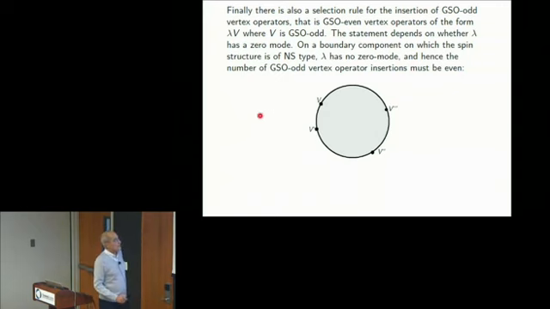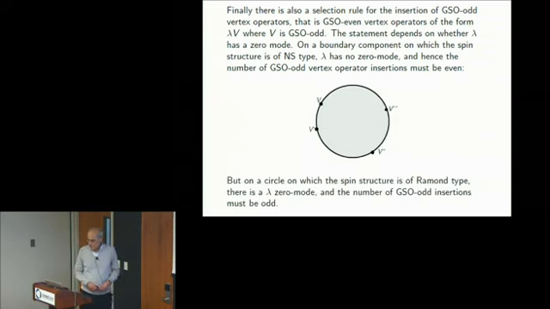So to get a non-zero path integral, we then need an even number of lambda insertions. So the number of GSO odd vertex operator insertions must be even on every such boundary. But on a circle in which the spin structure is of Ramond type, there's a lambda zero mode, and the number of GSO odd insertions must be odd. This is true separately for each boundary of a Riemann surface. I've drawn it as if there's only one boundary, but if there are many, this selection rule applies on each boundary separately. And this is again part of Sen's story.